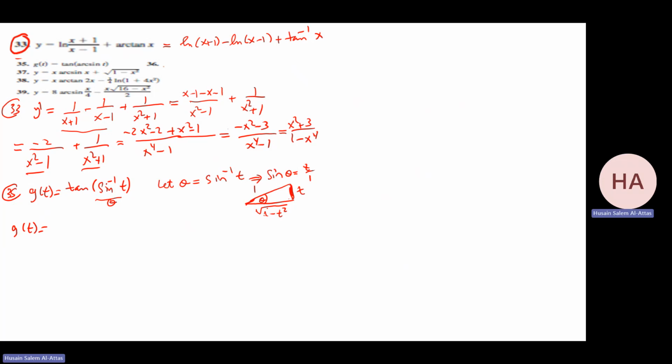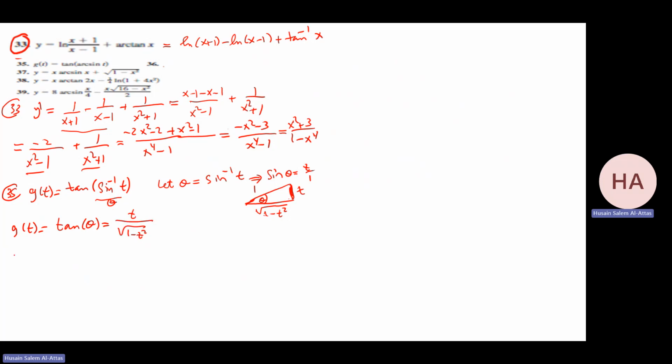Tan of sine inverse, tan of theta, which is what? Tan is opposite over adjacent, which is t over square root 1 minus t squared. And this is what I want to find the derivative.